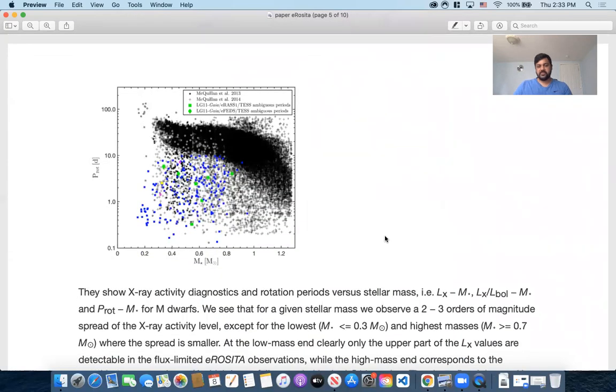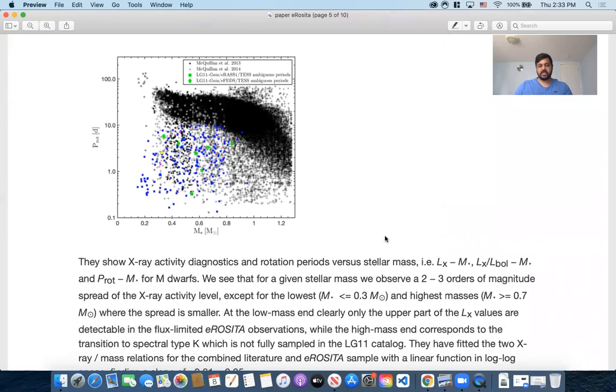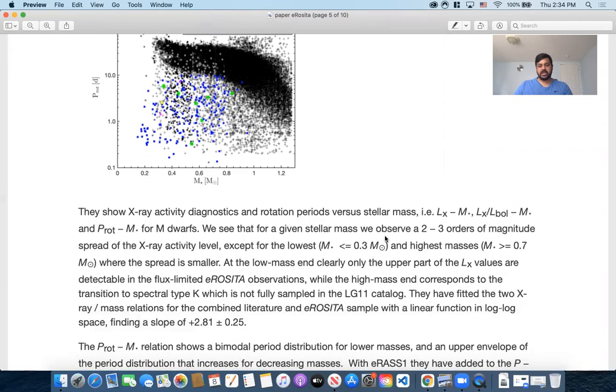We see that for a given stellar mass, we observe two or three orders of magnitude spread of the X-ray activity, except for the lowest and highest masses, where the spread is smaller. At the lowest mass end, clearly only the upper part of the luminosity values are detectable in the flux limited eROSITA observations, while the high mass end corresponds to the transition to the spectral type K, which is not fully sampled in the LG11 catalog.